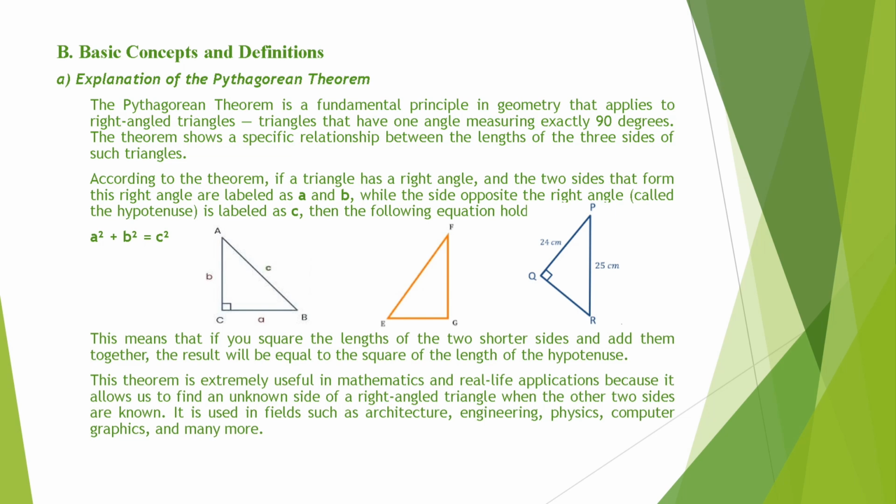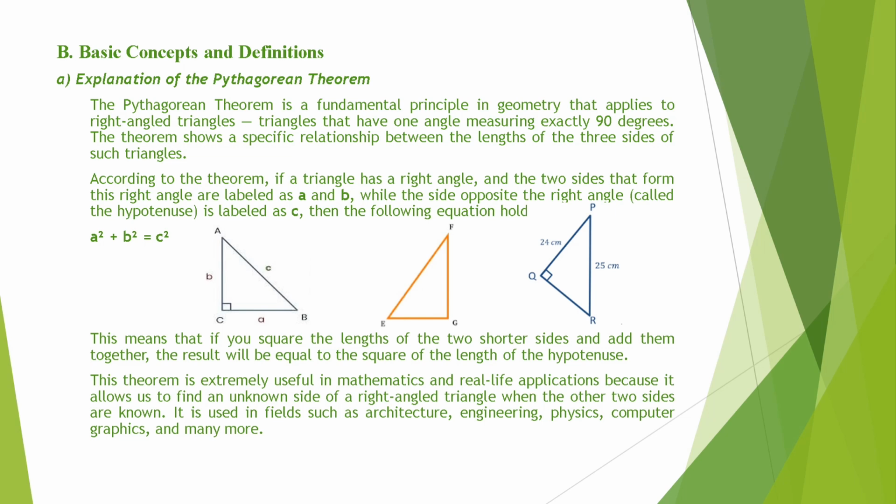This means that if you square the lengths of the two shorter sides and add them together, the result will be equal to the square of the length of the hypotenuse.